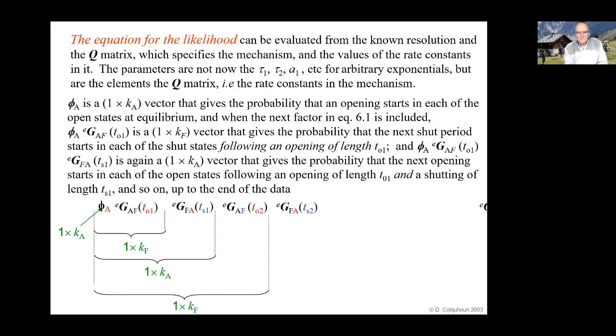And you do this monster multiplication up to your last opening. The channel then ends in the shut state, so you sum over shut states, and you get a scalar quantity, which is the likelihood of that sequence.